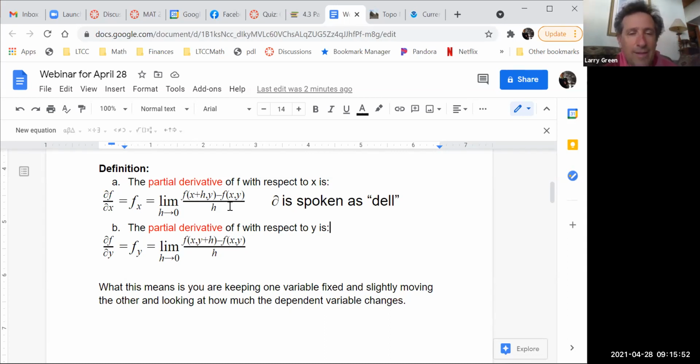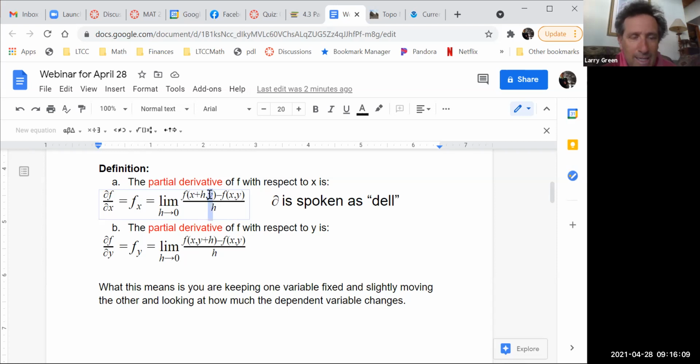So that's the rise over run, but we're now running along the x, parallel to the x-axis, because notice that we are moving x a little bit and we're not moving y at all.